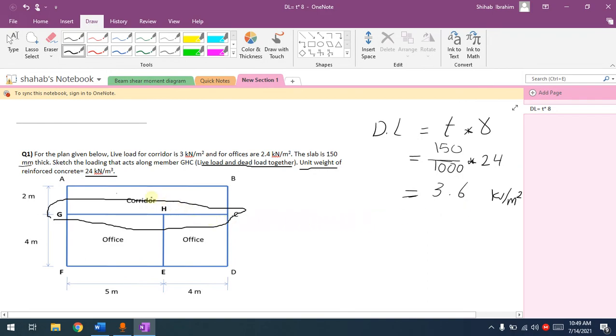And now since we have different rooms, and each of them has a different live load, we cannot just say 3 plus 2.4 plus 3.6. On the corridor we will have the summation of dead load plus live load for the corridor. The dead load everywhere is the same.